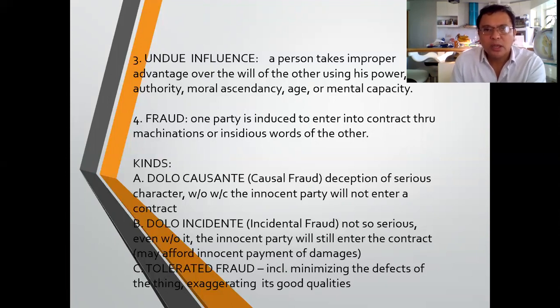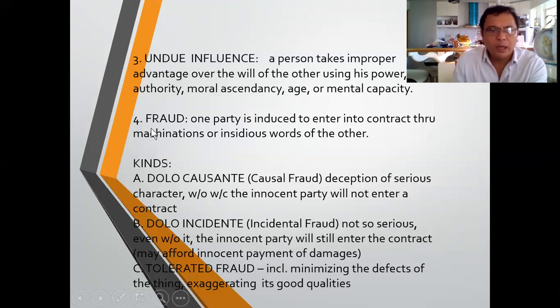So he takes improper advantage of his authority. Then, because of his authority, you are compelled to sell your property. So in that case, the contract entered into is voidable again. All of these contracts are voidable, so subject to ratification or can be contested before a court of law.